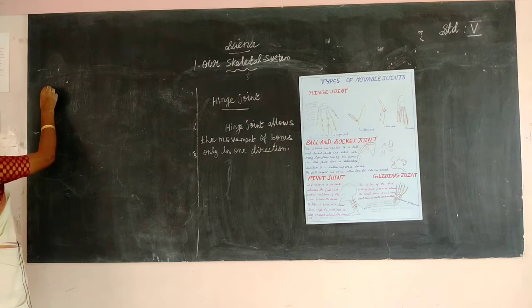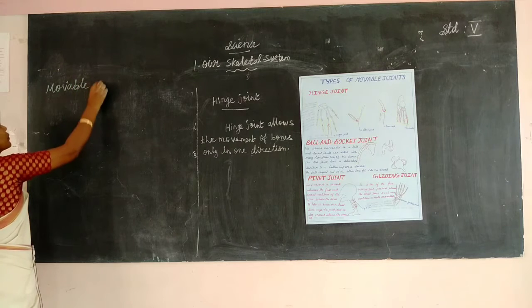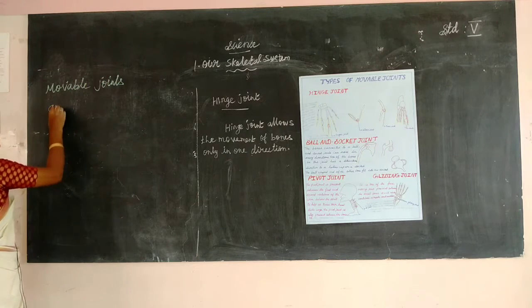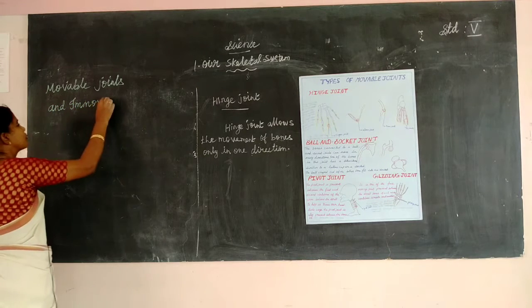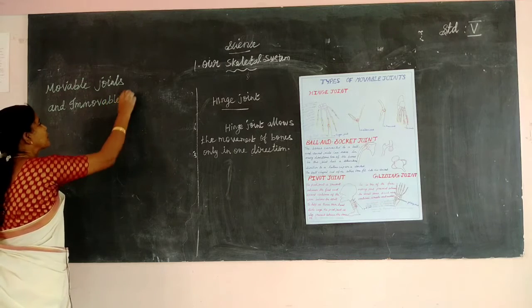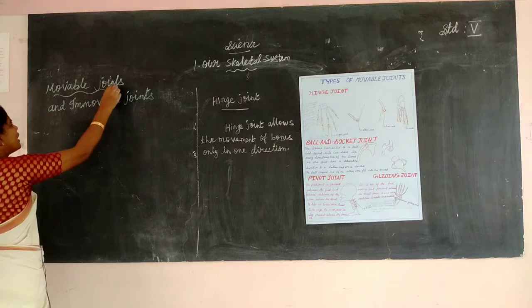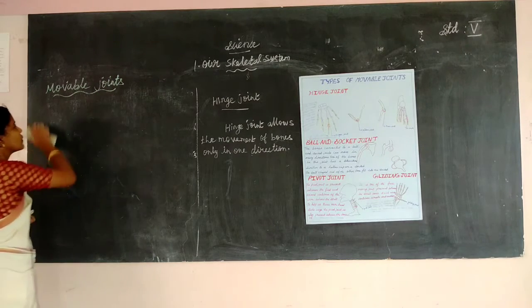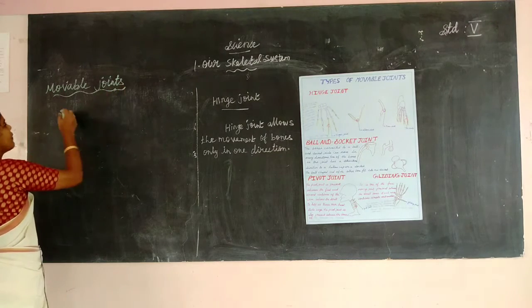Joints are movable joints and immovable joints. Movable joints are divided into several categories.